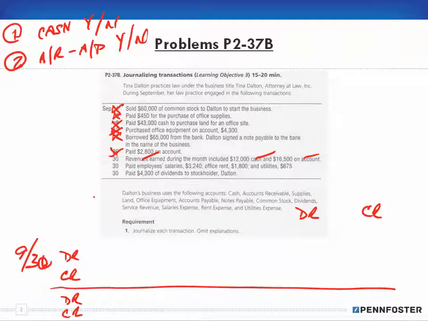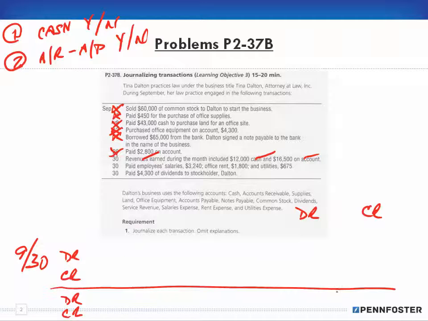That means you can make 2 different journal entries, and that's fine, but you end up doing a little bit more repetitive work, which takes a little more time and gives a little more chance of making a mistake. So when you first get started, there's nothing wrong with making 2 different journal entries, dated 9/30. But as you become more experienced, you're going to want to combine those 2 journal entries.